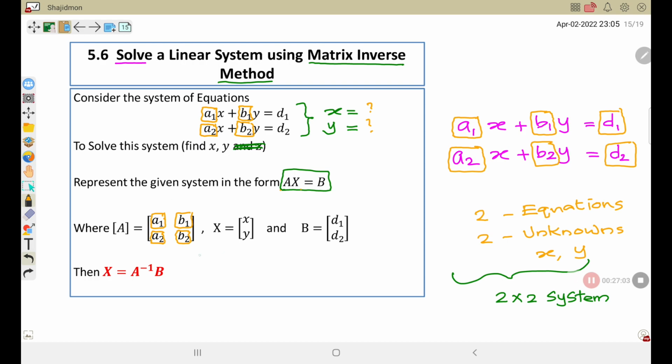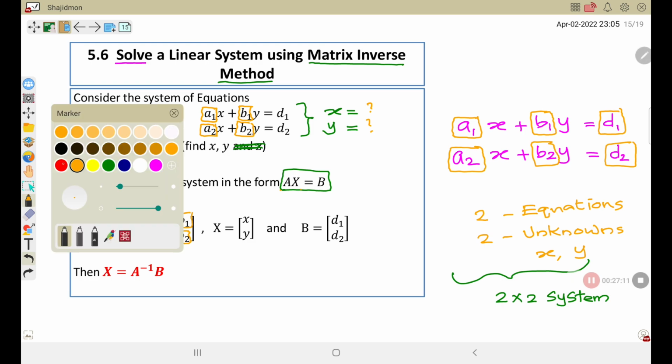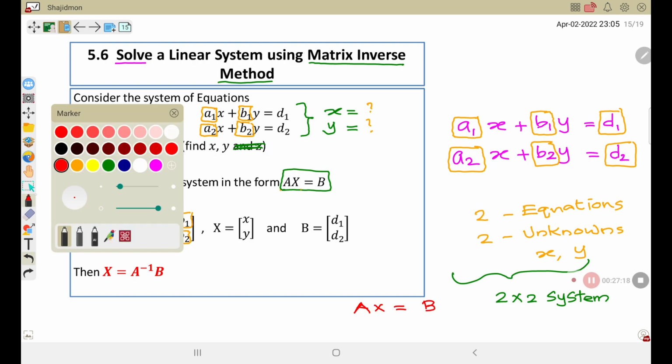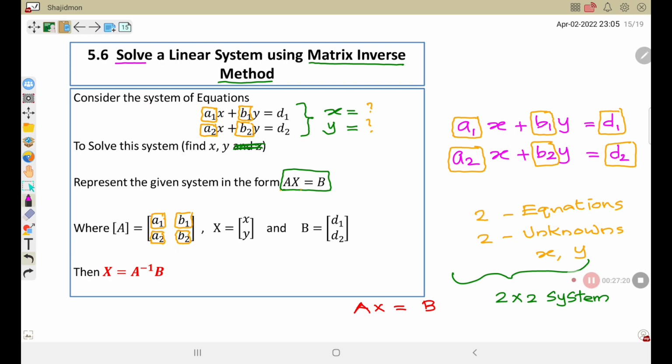Now, after representing in the matrix form, we need to find the solution, correct? Ax equal to B, that is our matrix equation. Now what do we need to do? We need to find what is our x value. That is what our question asks. Capital X, x equal to how much? Y equal to how much?